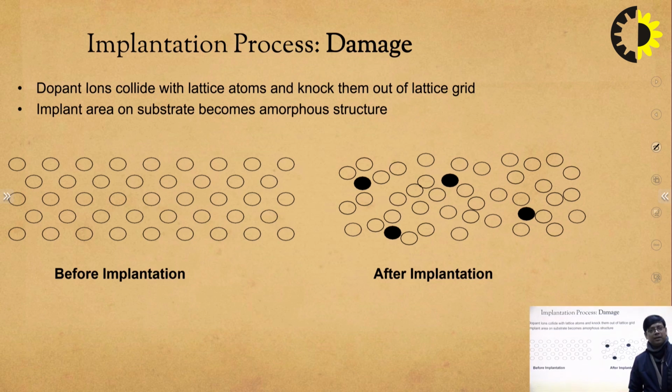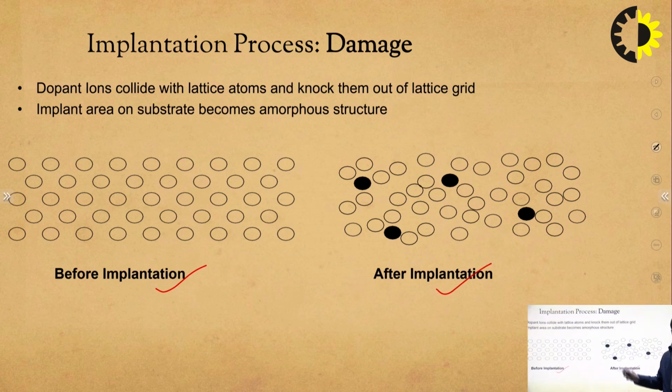Now, as we just discussed, in case of ion implantation, a beam of dopants is bombarded onto the wafer surface. In this process, what happens? The surface of the wafer gets damaged. Silicon atoms are at equal distance from each other, but after implantation, what happens?